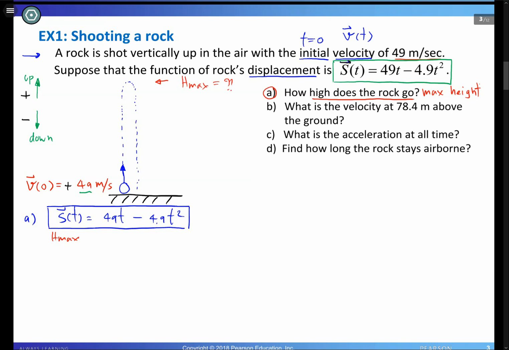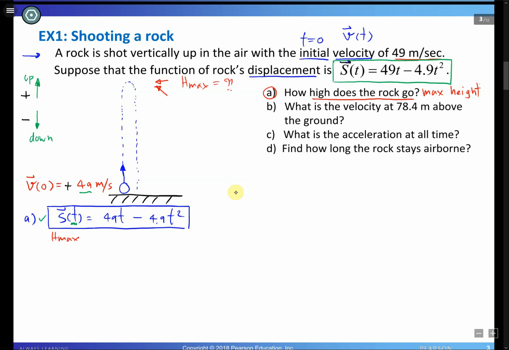Let's take a look here. In order for us to use s of t to find h max, we need to know the time. We need to know this input, time, in order to find displacement. However, at this point, we don't know how long it takes for the rock to get to the top. In other words, at this point, we don't know the time.